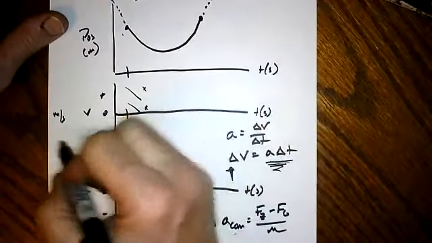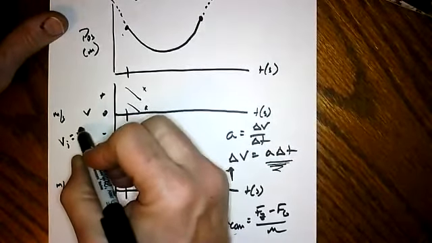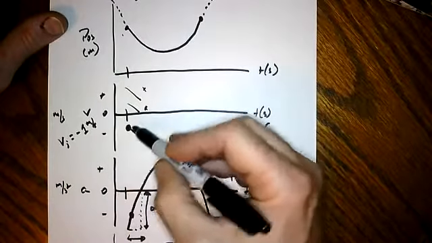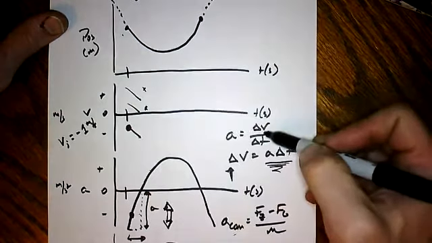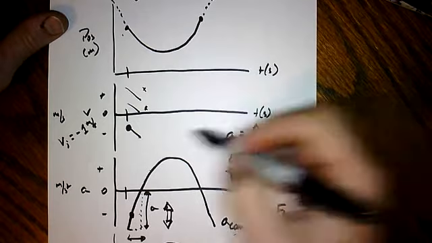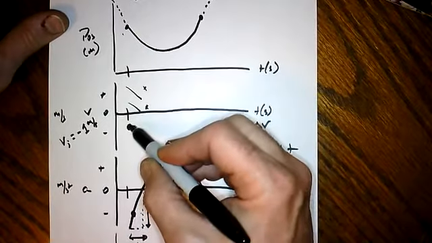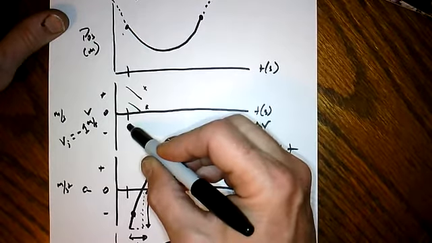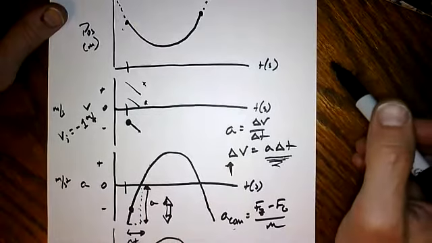And if I tell you that the initial velocity at contact is some negative value, it doesn't matter what it is, 1 meter per second, now I can tell you exactly what's happening with velocity because I'm calculating the change in velocity from integrating the acceleration versus time plot. And I know that that change for this region is going to be negative. That means my slope is going to be negative. Now I can know exactly what that slope is, and I can fill it in starting at that velocity point.